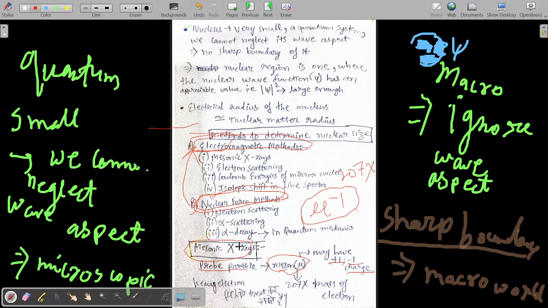So, mesonic X-rays. A mu minus meson has mass 207 times that of the electron, but its charge is the same as the electron. Let me write over here: mu minus meson.